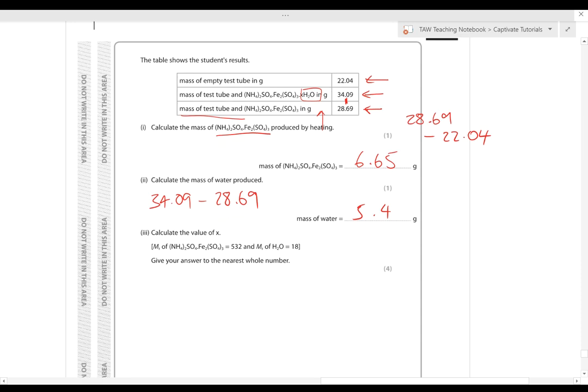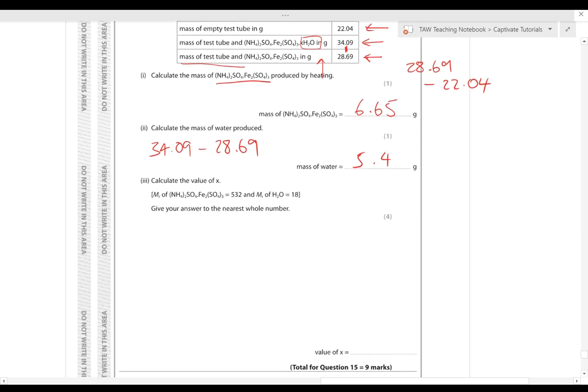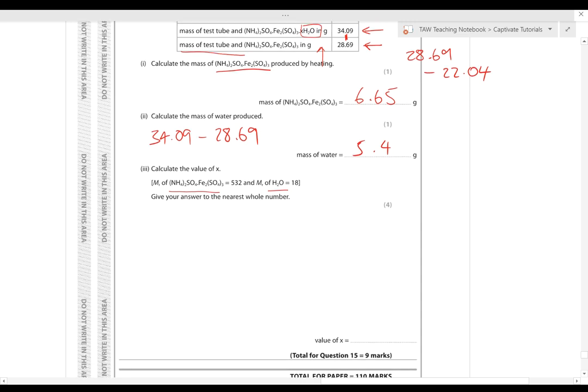So we're now going to take those two values and calculate the value of X. So effectively what we're doing is comparing the moles of this and the moles of water, and trying to calculate a ratio to find out the moles of X that are present. So we can use masses, MR, moles to start with.